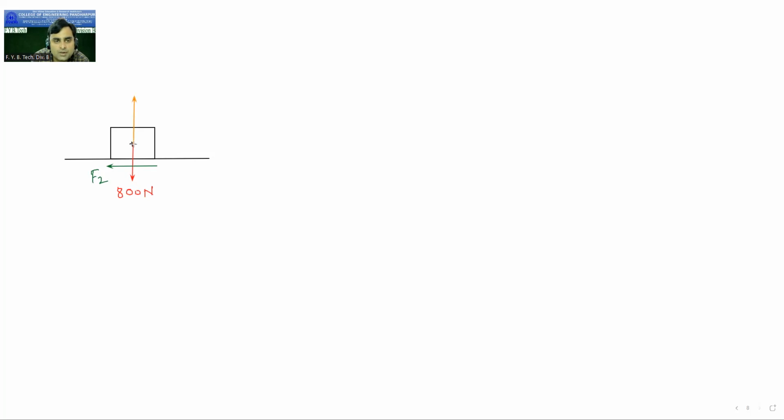Normal reaction, this is R2. Here is the force, 400 Newton.